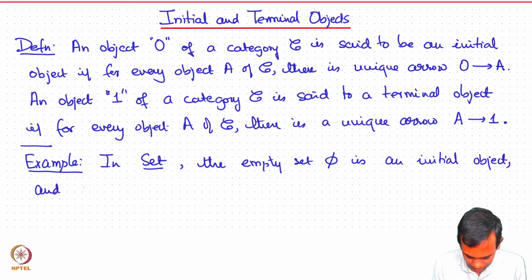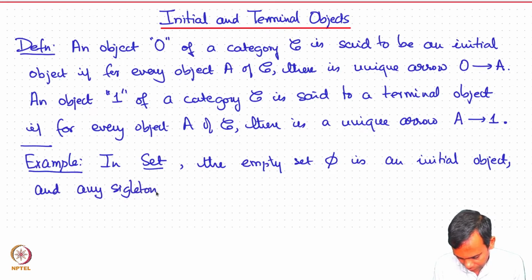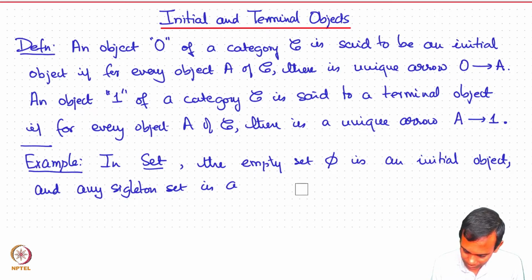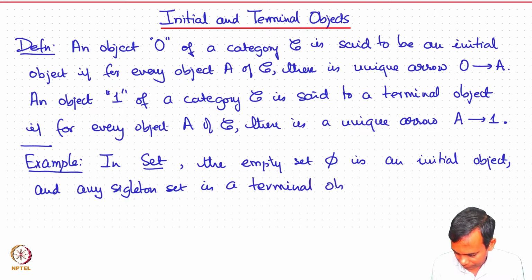And so any singleton set is a terminal object. Okay, so the initial object and terminal object are different in the category of sets.